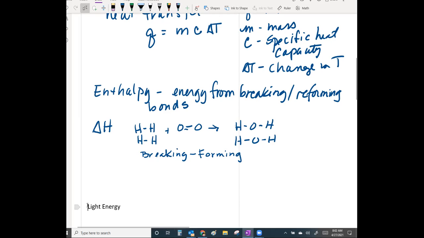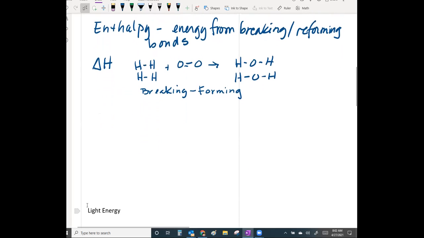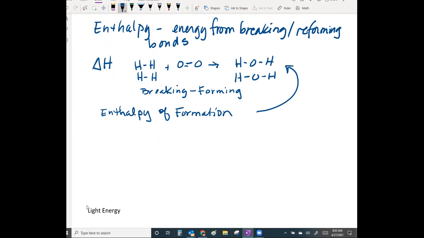The next thing we looked at was figuring out the energy of a reaction using enthalpy of formation. All right. This up here is a formation reaction to make water. It's making 2 moles of water, but it's a formation reaction. It's making water from its elements.